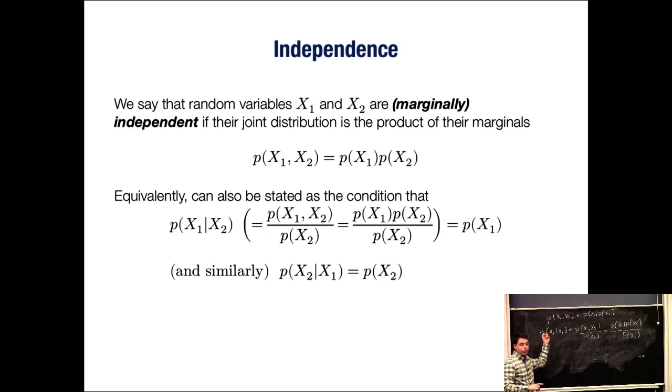But this is sometimes a little more intuitive, because it says that our distribution over x1, given x2, is just the same as our distribution over x1. In other words, knowing x2 doesn't give us any information about what x1 might be. We have the same distribution, so it doesn't help us determine what x1 might be. Similarly, it holds the other way too: the probability of x2 given x1 is also just equal to the probability of x2, for the exact same reasons.